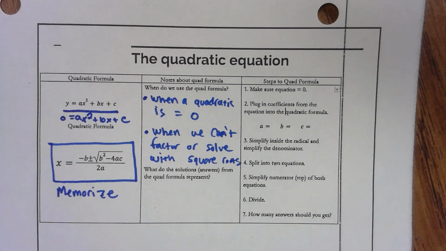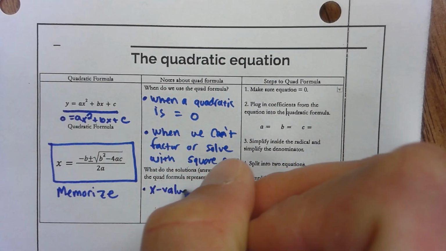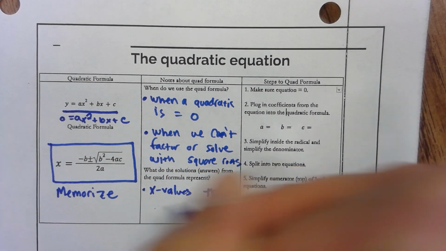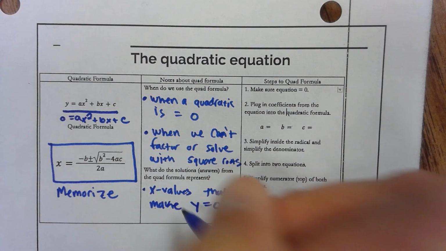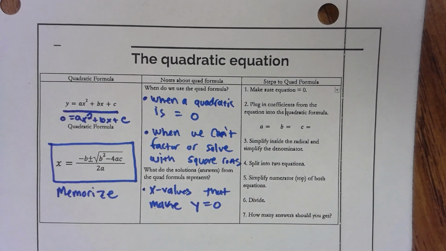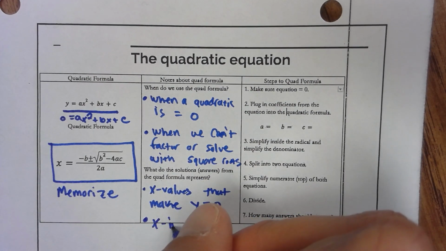What do the solutions, the answers from the quadratic formula, represent? Again, there's a couple parts here. They're the x values that make y equal 0. Now, there's a name for that graphically. If we took all the x values for when y is 0, all those points lie on the x-axis, which means that these points are the x-intercepts.